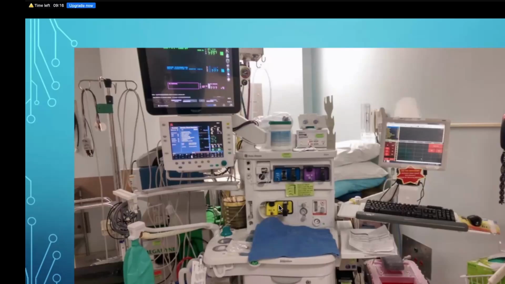These are different anesthesia gases plugged in here, so you can choose the gas you want to use. And then over here you have a computer for your documentation and to access the health record, access any tests the patient has, communicate with other people, and just document what's going on as you go.